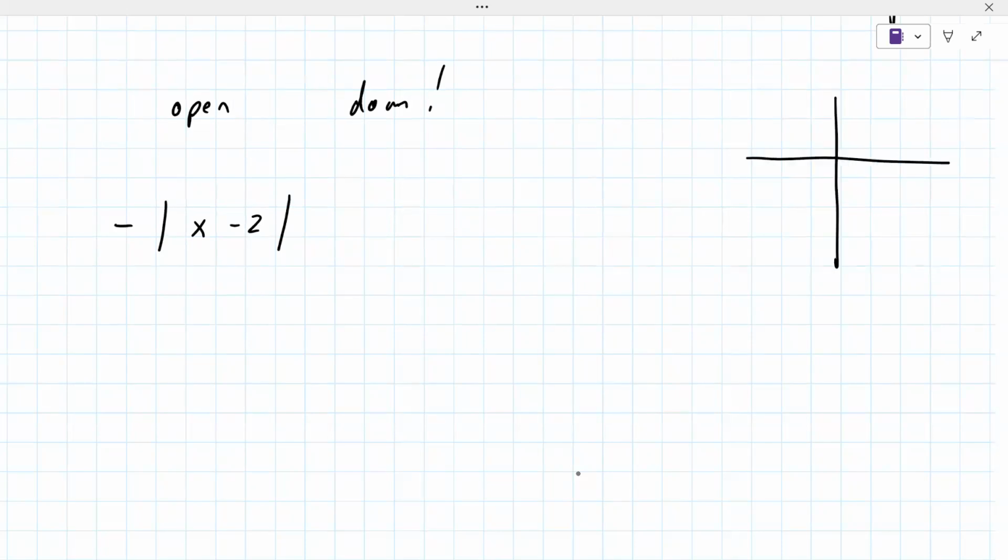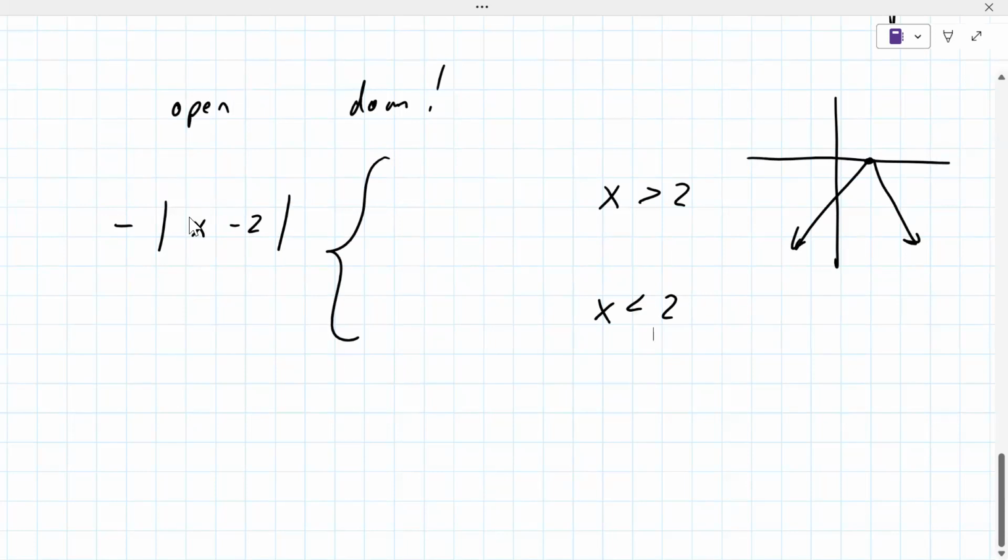So graphically, this looks like this. At 2, it goes down like that. So this is where it becomes x greater than 2, x less than 2. Why is it 2? Because that's where it equals 0. Is that okay? Yeah.